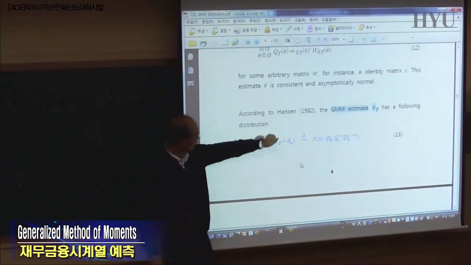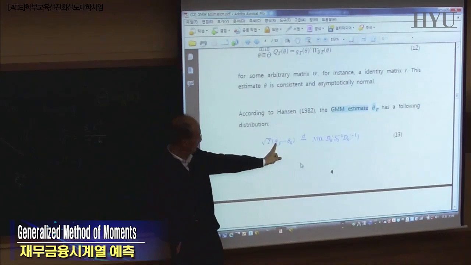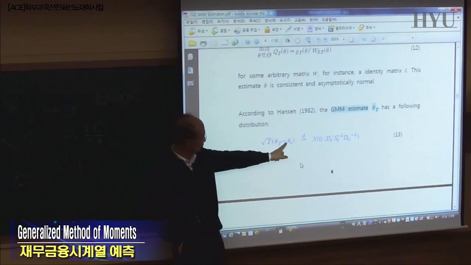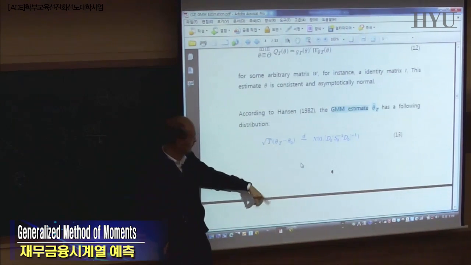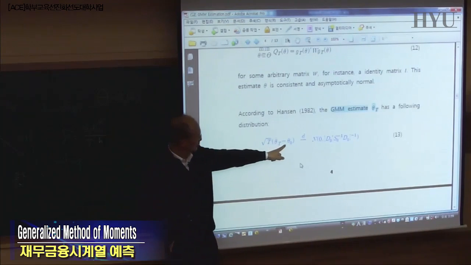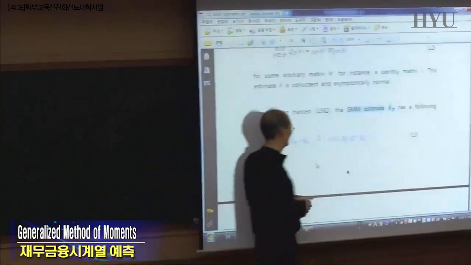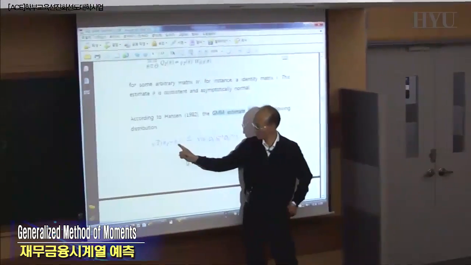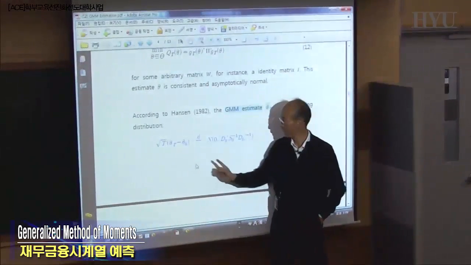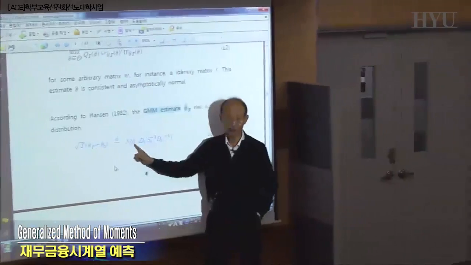What has shown is this one will approach the true parameter with this speed, this rate, and this distance scaled by square root of t. This distance is normally distributed, on average 0.